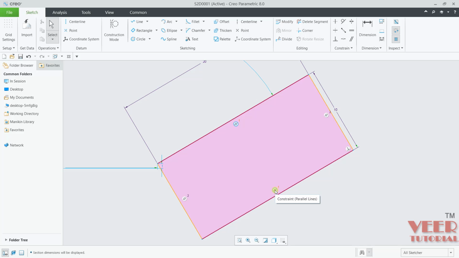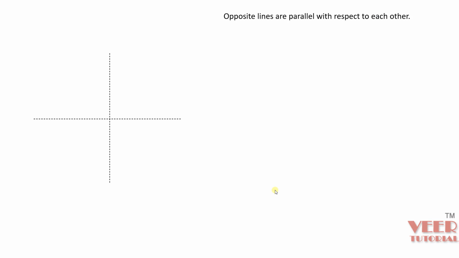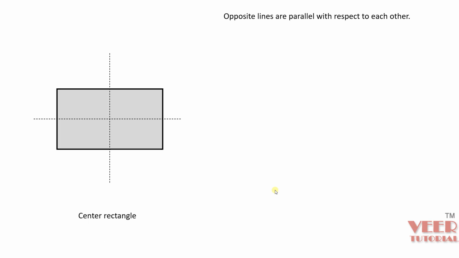The next type of rectangle is the center rectangle. Center rectangle is very important while creating a symmetric type of rectangle. For example, let's say this is our center rectangle. In case of center rectangle, instead of defining the corner point, we are going to define the center of the rectangle.